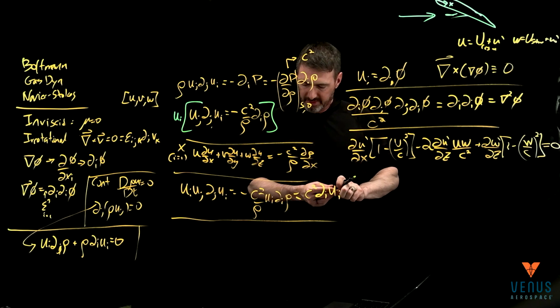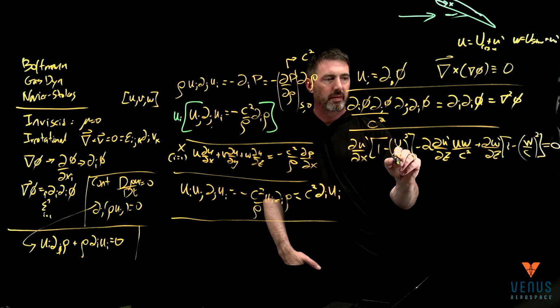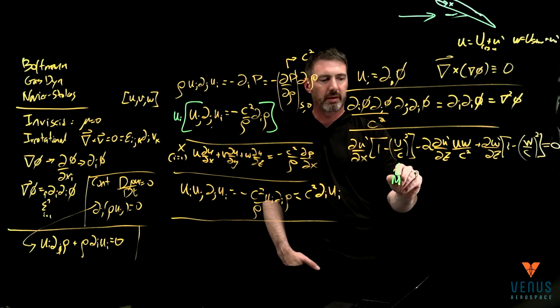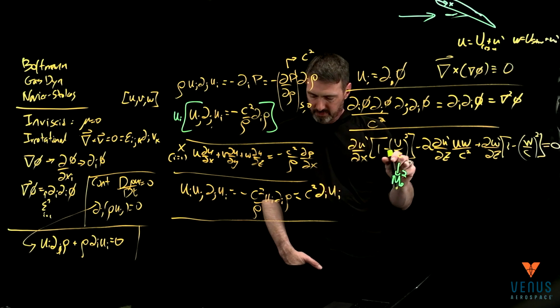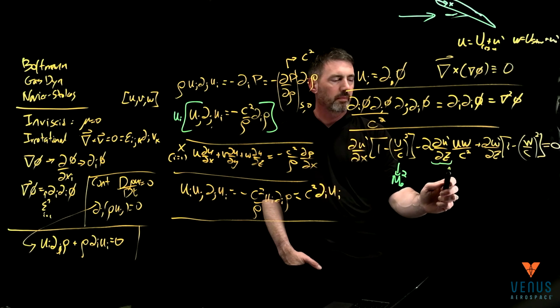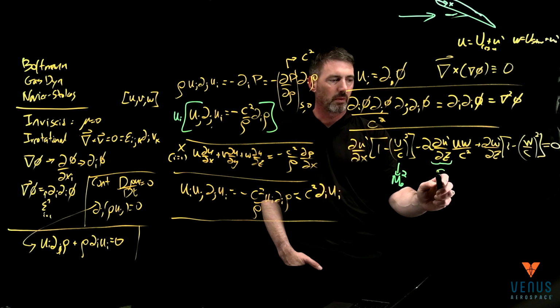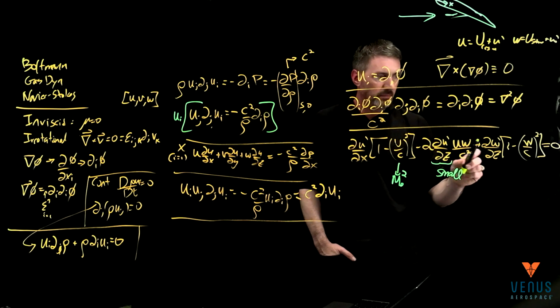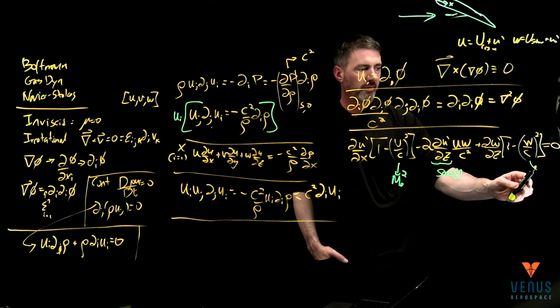Okay, but then you can take a look at this, and you can say, you know what? The flow is mainly along the x direction, so I can pretty much just call that the Mach number squared. This term is going to be small, right? What's the gradient of the small velocity in the z direction? Small. And then the change in the z direction with respect to the speed of sound, this thing is going to be small.